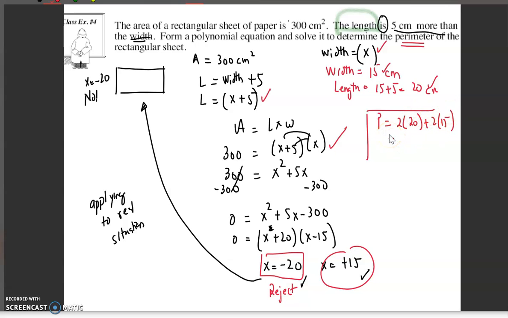So altogether, my perimeter will come out to be 70 centimeters. So this question is really good in making us check everything, not only setting up the equation, but making sure that our possible answers work, if we can accept either or neither one of them. Sometimes none of the answers work. And then finally making sure we answer what they're looking for, not just what we solved. So good example.